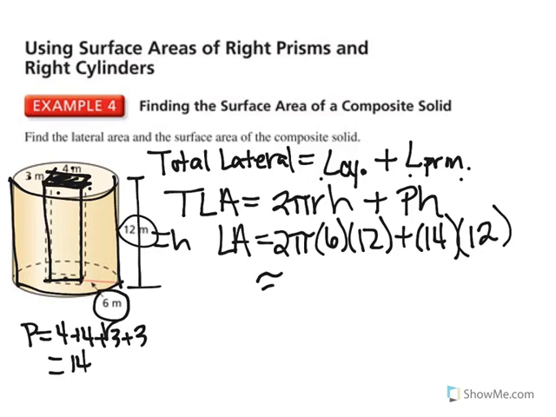And when you plug that into your calculator, it's 620.29 meters squared. Okay, so that's the lateral area.